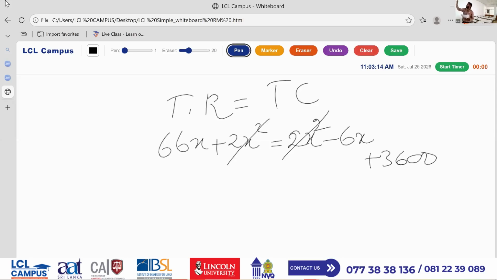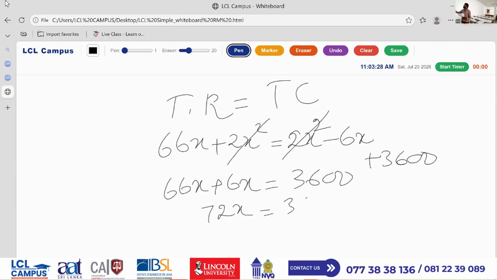For the minus 6x, take that 6x to here. 66x plus 6x equals 3600. Here, 72x equals 3600. I think x equals 500. Is it? 50, no? Yeah. x equals 50. See, these questions are very easy.